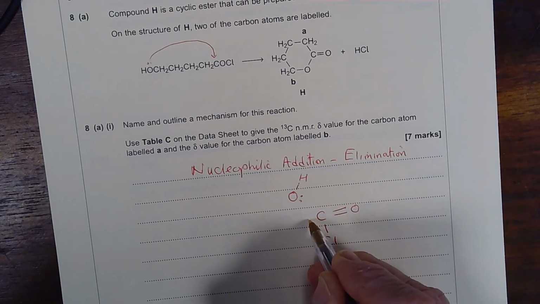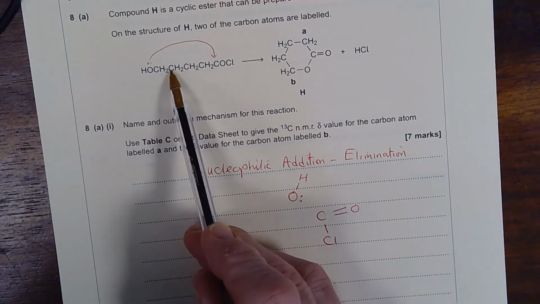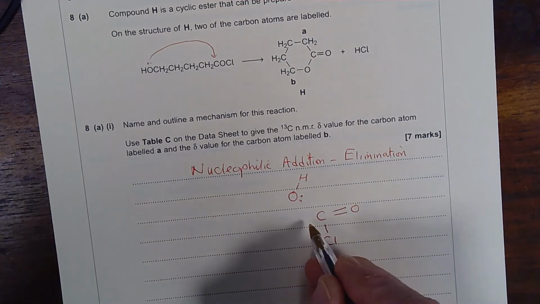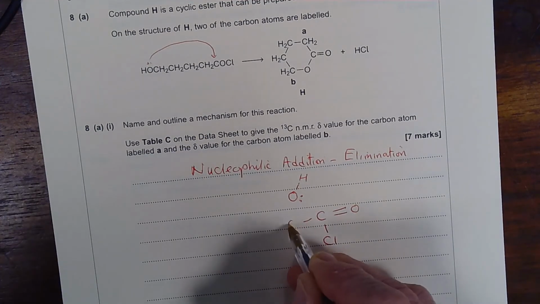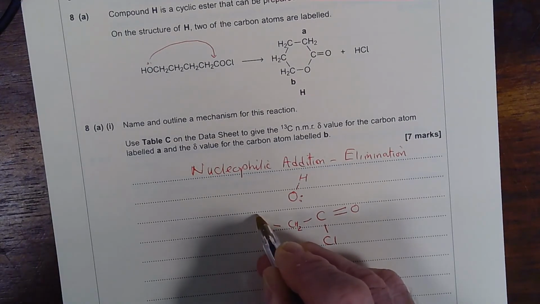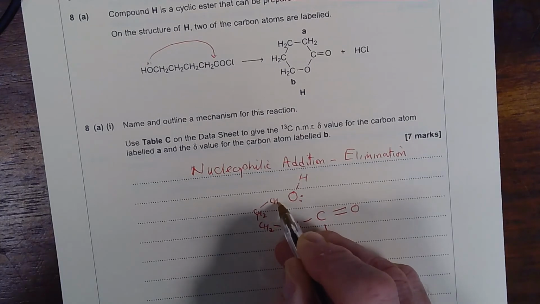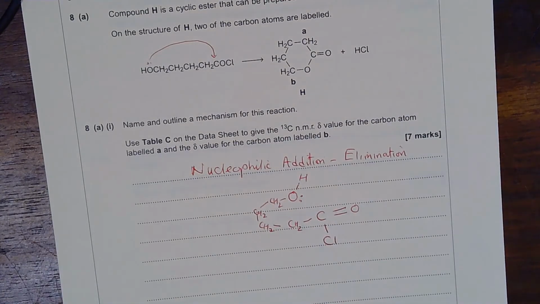If we go back to the top, we've got 1, 2, 3, 4 carbons in between. So if we were to go CH2, CH2, CH2, CH2, and then the OH, we have set up this perfectly for this particular reaction.